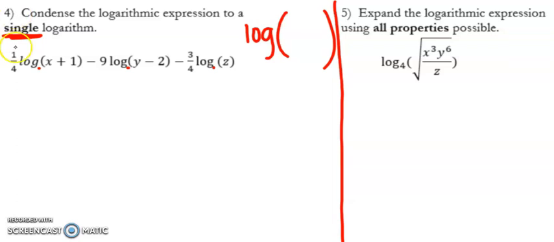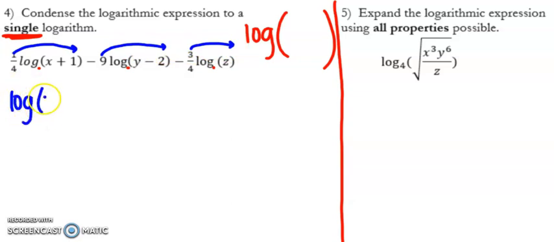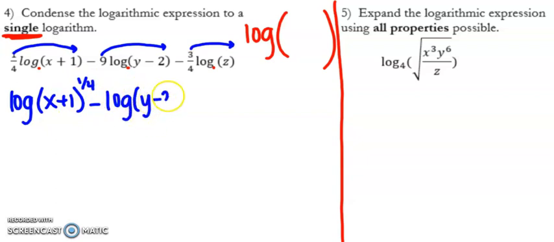So we learned last to swing down 1/4, so I'm going to swing the 1/4 up, I'm going to swing the 9 up, and I'm going to swing the 3/4 up. And what I mean by that is I'll end up with log of x plus 1 to the 1/4 minus log of y minus 2 to the 9th minus log of z to the 3/4.